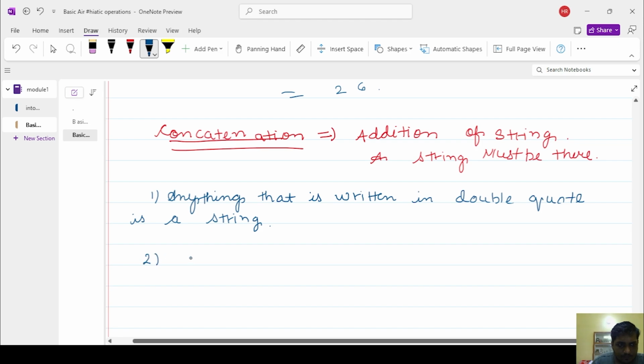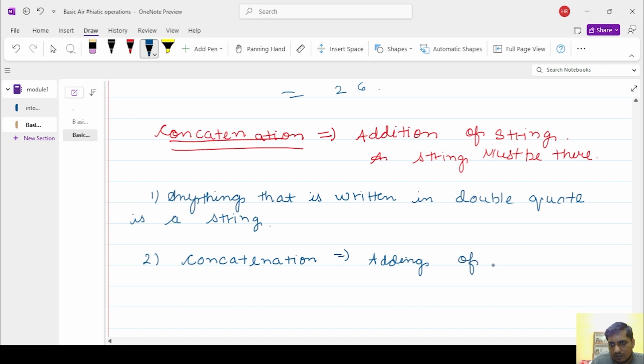Second, concatenation is adding of strings using the plus operator.